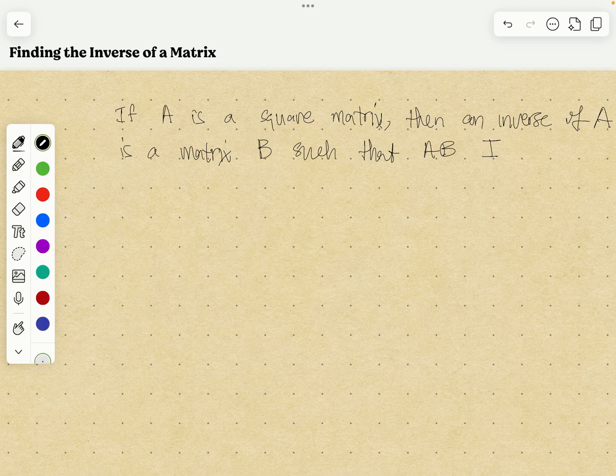And of course, since we're talking about n by n matrices, it's the n by n identity matrix.